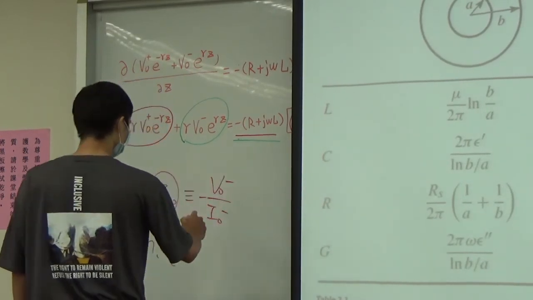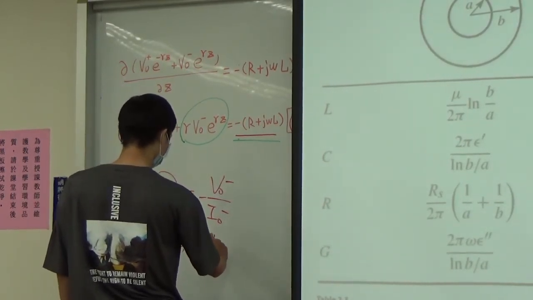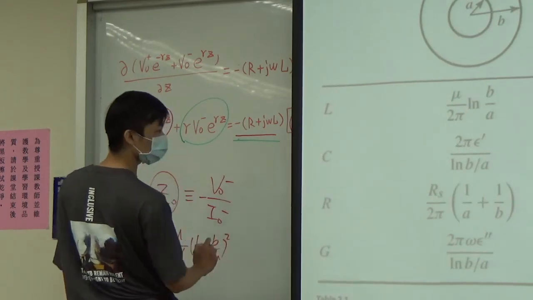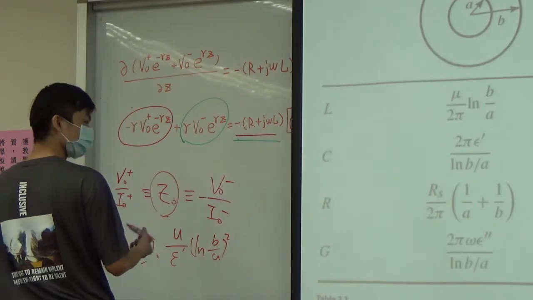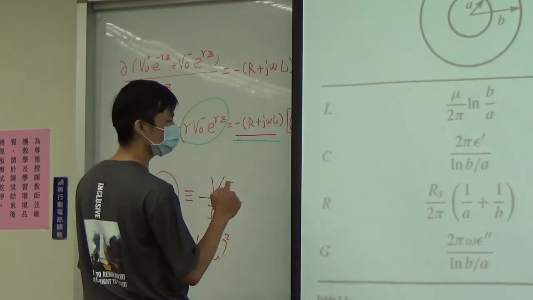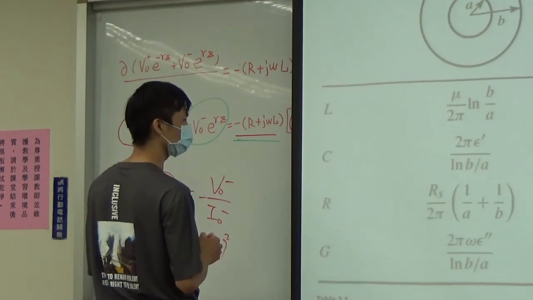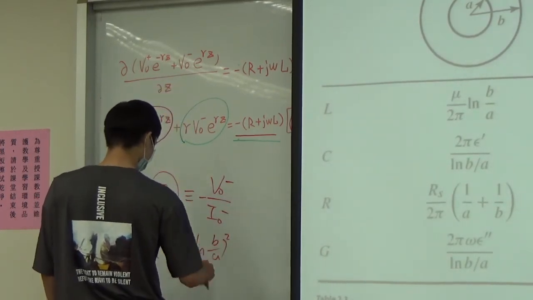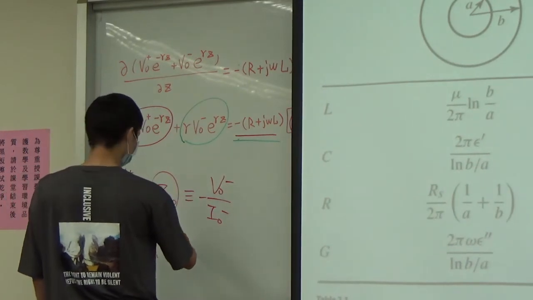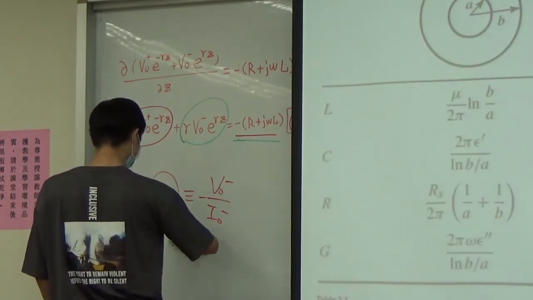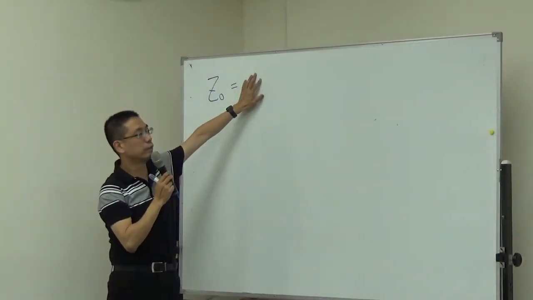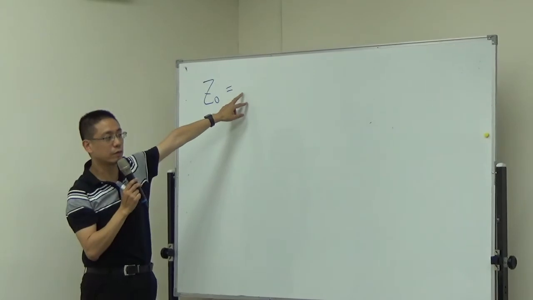Are you sure? For a lossless transmission line, characteristic impedance Z equals to, can you do that? Step by step, don't be hurried.